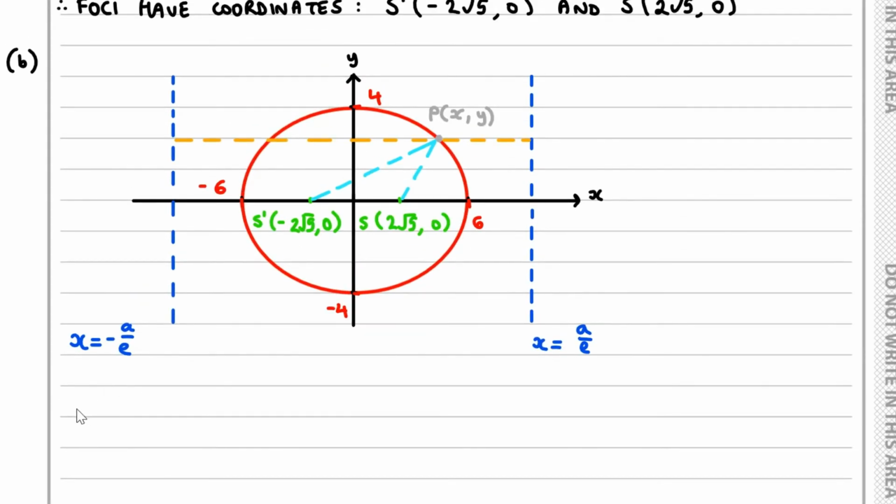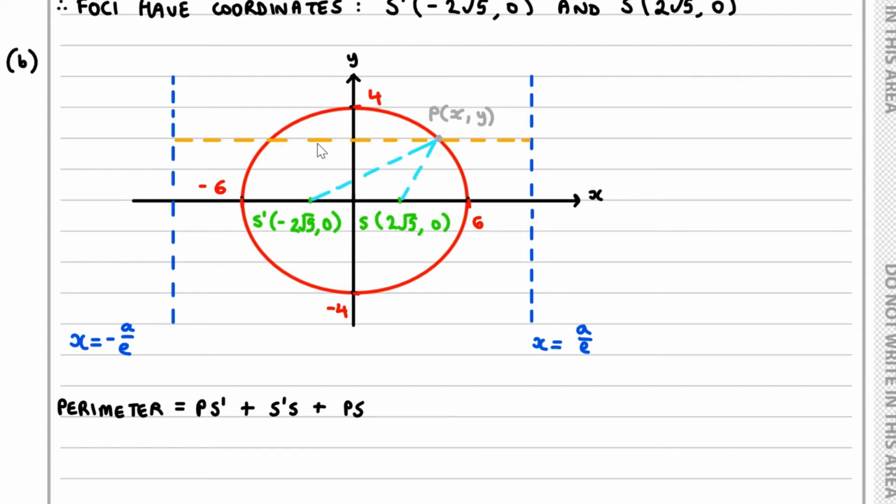So for the perimeter, this will equal PS dash plus S dash S, which is this distance, plus PS.